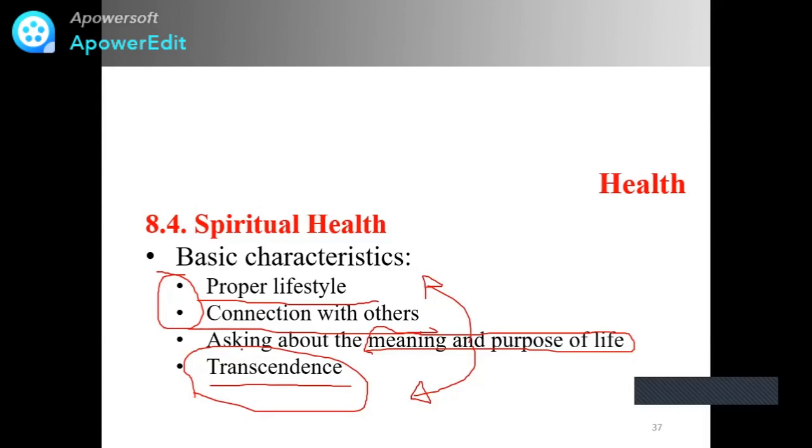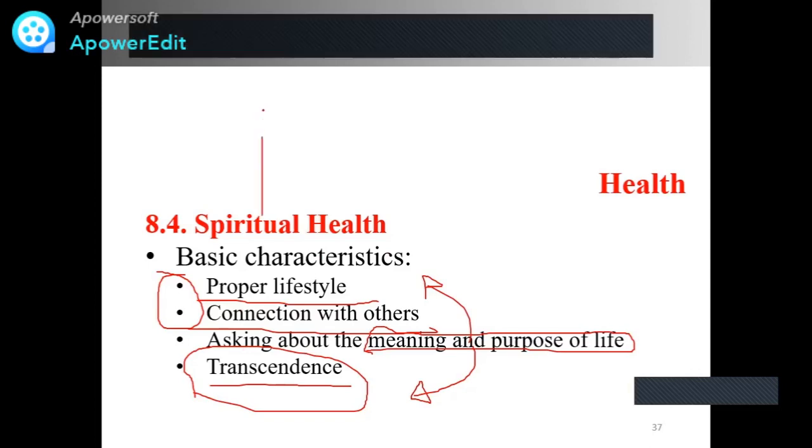If we can develop spiritual health, then according to the research it helps mental health and is positively related to physical health, not only mental health.